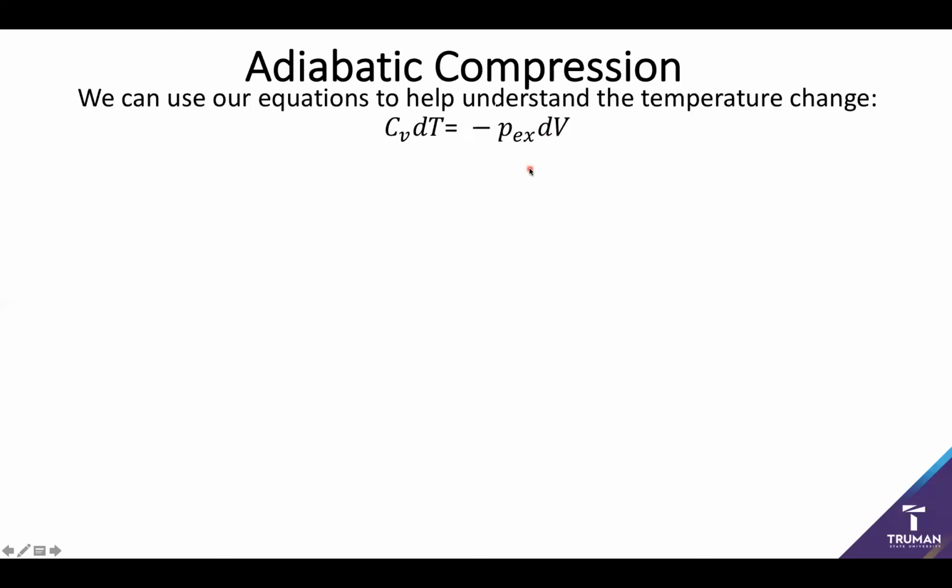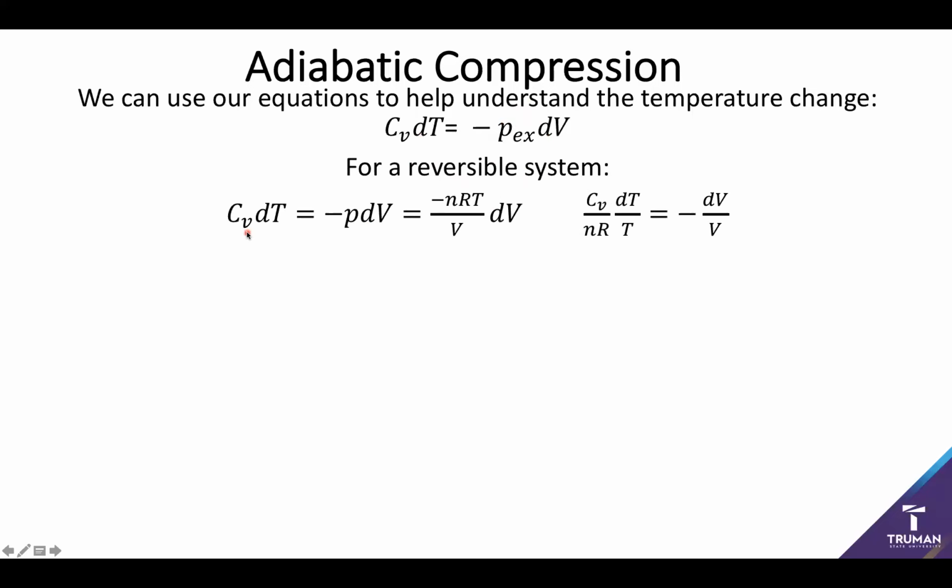The greater my applied pressure is above that minimum, the higher the temperature; the faster I compress the system, the hotter it gets. So let's look at this in a little bit more detail. Since I have a reversible system, my external pressure just becomes pressure, and I've already made the assumption of an ideal gas, so I can substitute pressure for nRT over V.